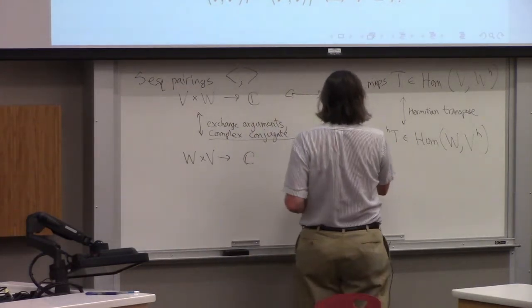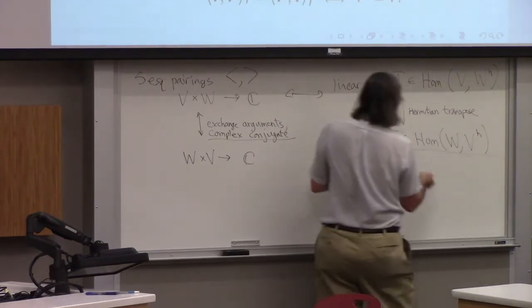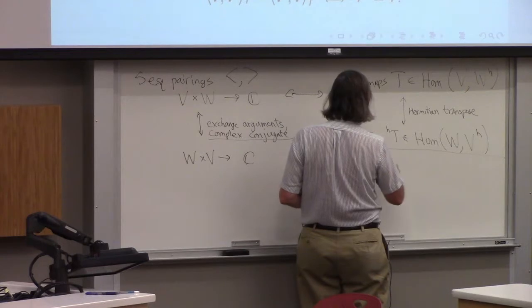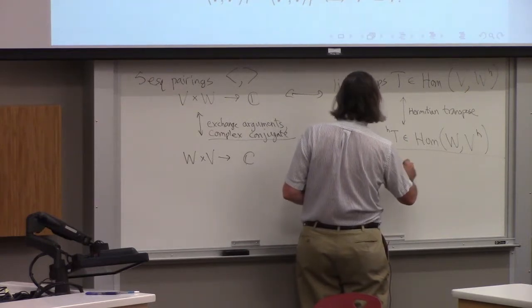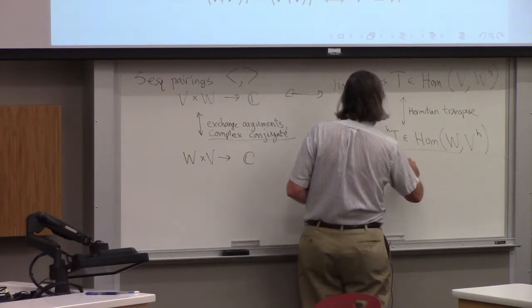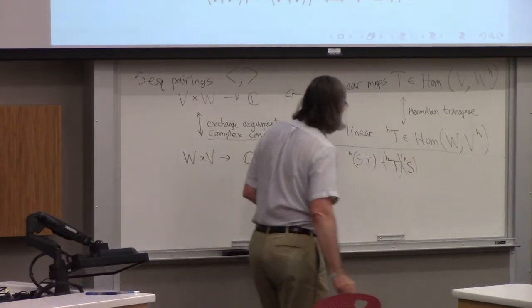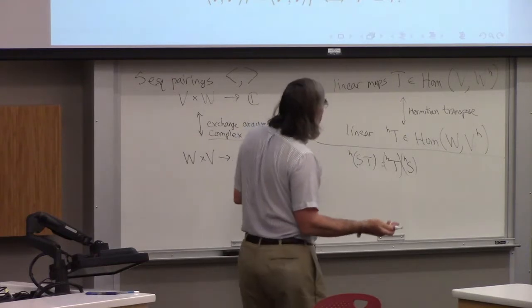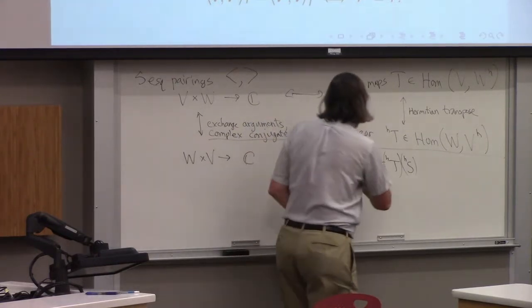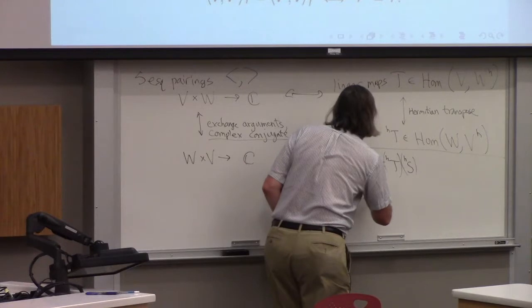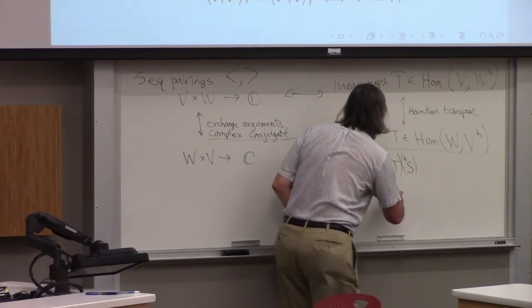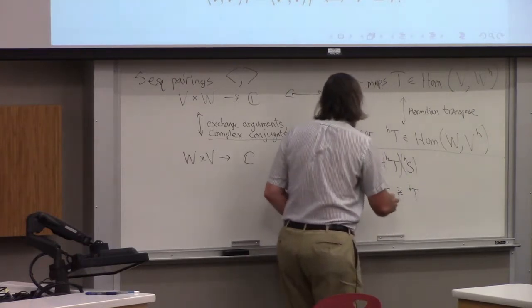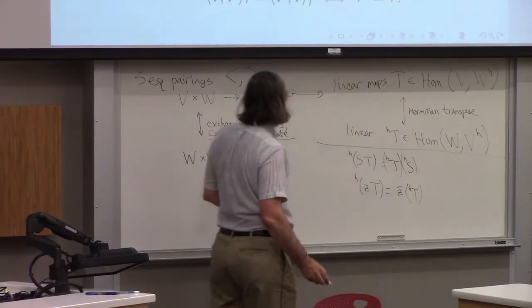Just as for ordinary transpose, this reverses the arguments like that. And what causes a little grief is that it's conjugate linear. The Hermitian transpose of Z times T is Z bar times the Hermitian transpose of T.